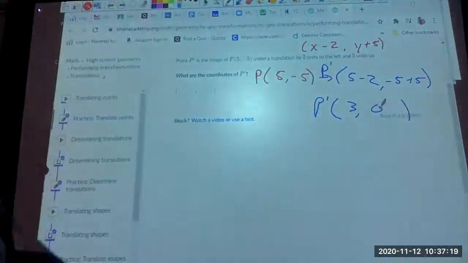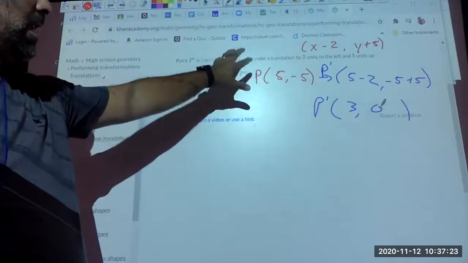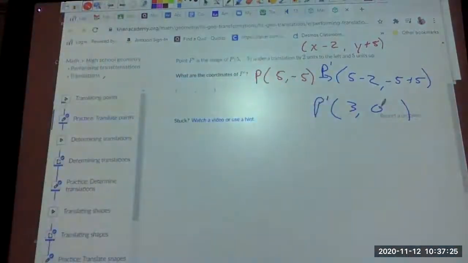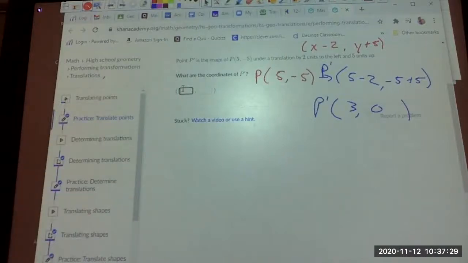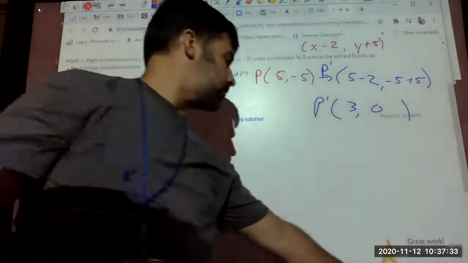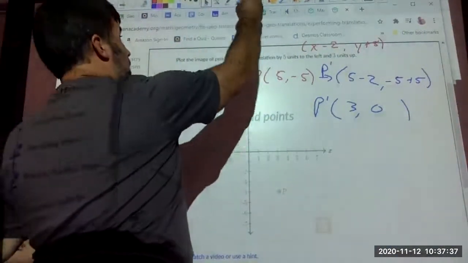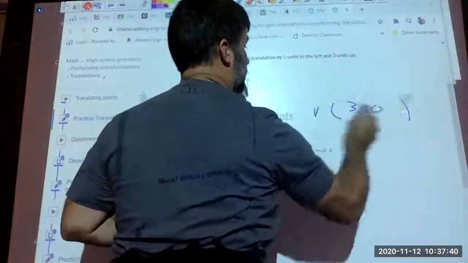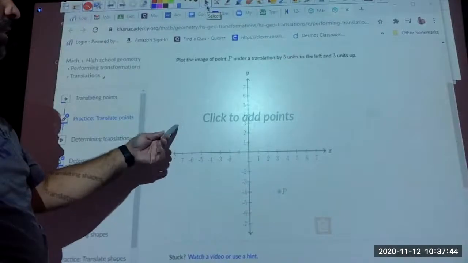That's my new coordinate. Again, if you can visualize going left 2 and up 5 and get that, then obviously you don't have to write it down. You're going to have different questions, but they're all the same idea.